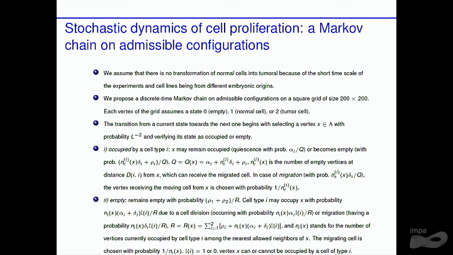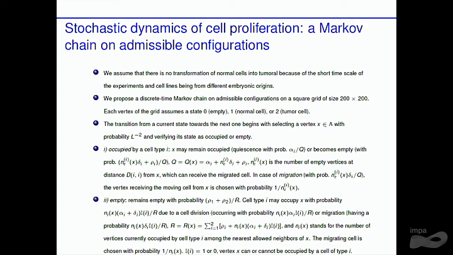The vertex would become empty depending on two situations. First, the cell dies. The second, the cell migrates towards a neighbor vertex of the grid. Those are given in terms of these rates, the rate of diffusion and the death rate. And look, there is this number here that is the total number of empty vertices that can receive that cell, provided that if the cell gets there, it will not be closer than the exclusion diameter to any other cell around it.